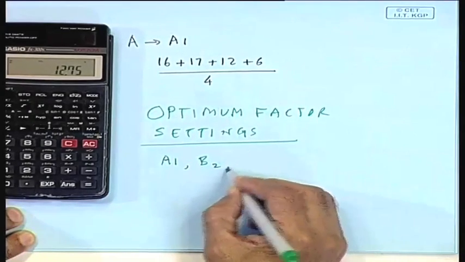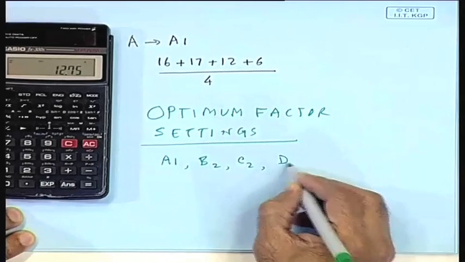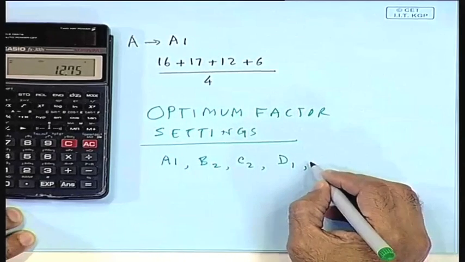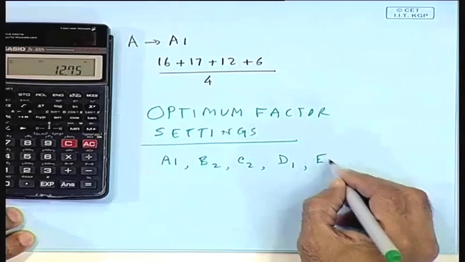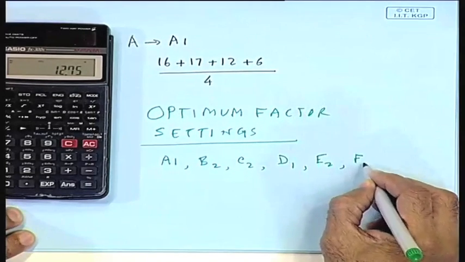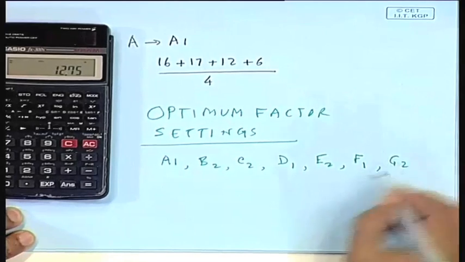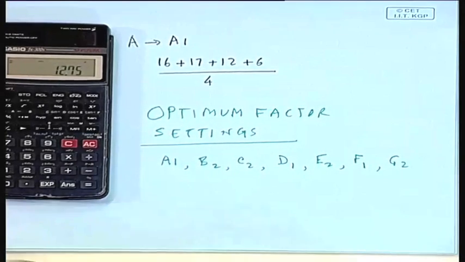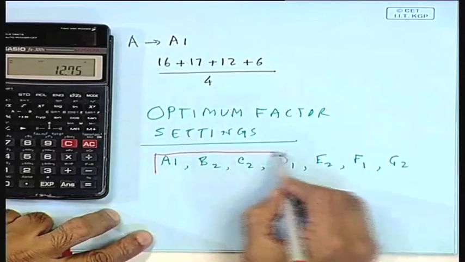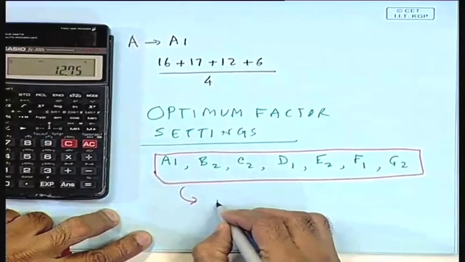C is going to be C2, D is going to be D1, E is going to be E2, F is going to be F1, and G is going to be G2. These are my optimum settings. If I now run a process with these settings, I should expect to see minimum defects.